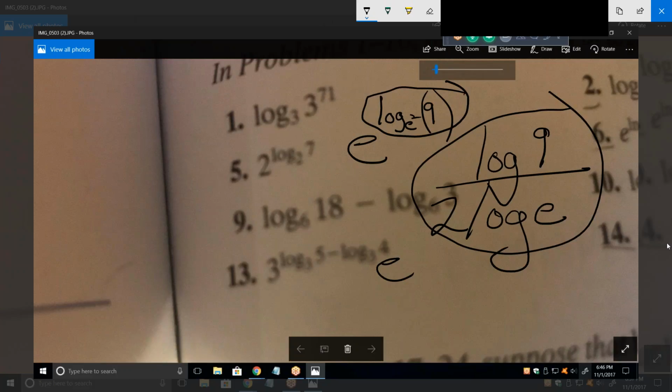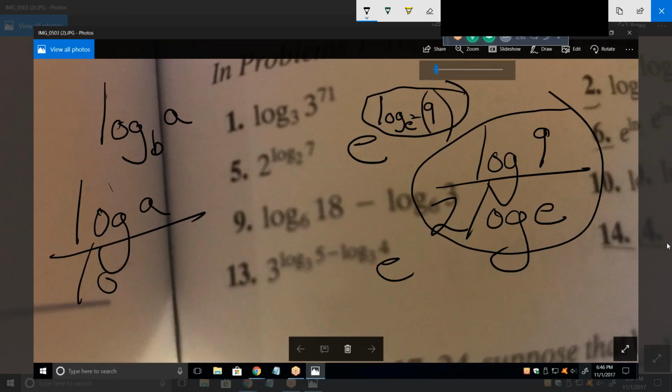This change of base formula is a little tricky. If I have that, I've told you that that's equal to the log of A divided by the log of B. But believe it or not, you can make that any base you want.